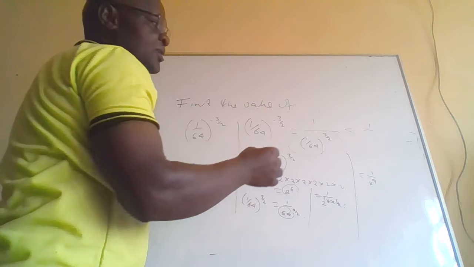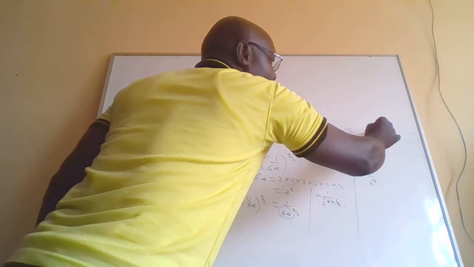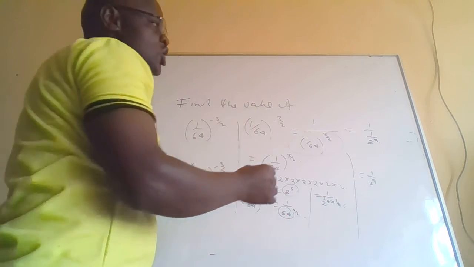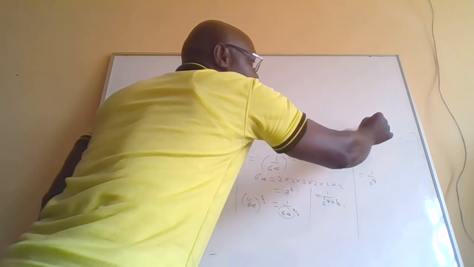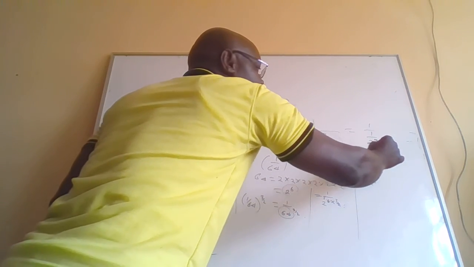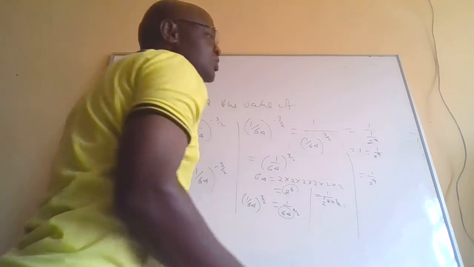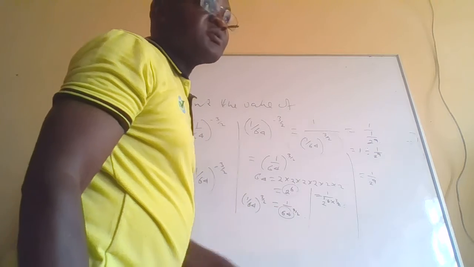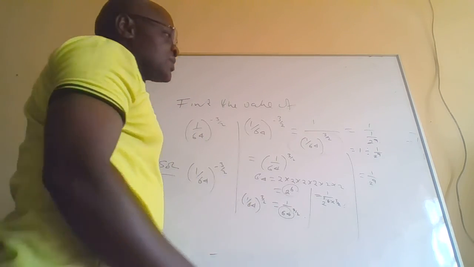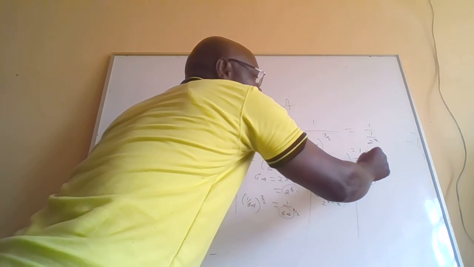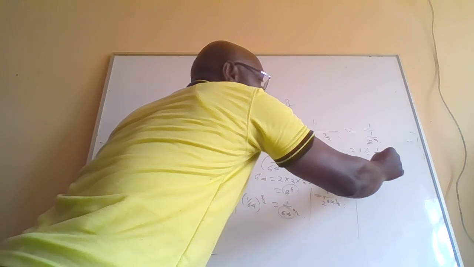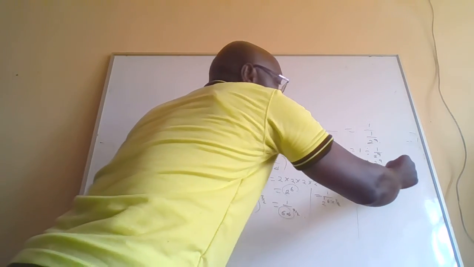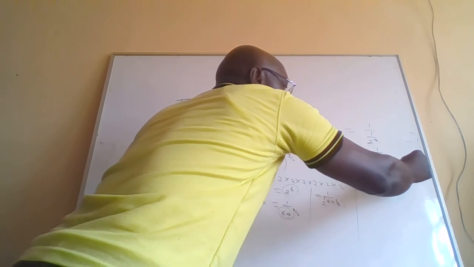So this is 1 divided by 1 all over 2 raised to 9. We can do away with the division sign by introducing the reciprocal of 1 all over 2 raised to 9. So this will be 1 times 2 raised to 9, which equals 2 raised to 9.